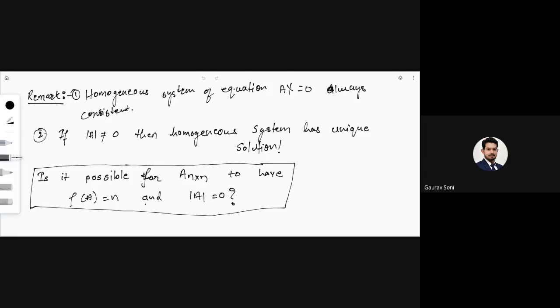Okay, I'll just go back to the previous one. So the definition is like this: the order of the highest minor of a matrix which is non-zero.